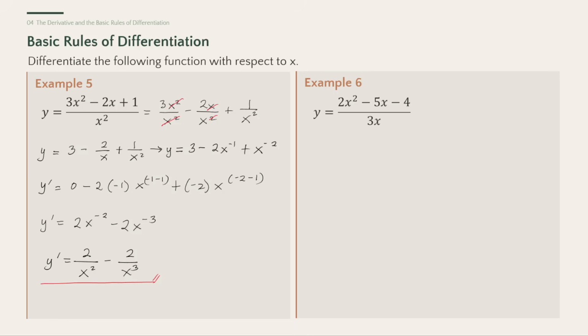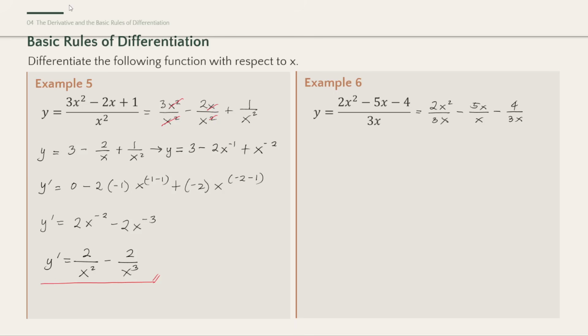That's how you answer number 5. Now, number 6 is the same actually, but the x term in the numerator has a coefficient of 3. But the process of solving is still the same. You need to separate: over 3x minus 5x over x minus 4 over 3x.